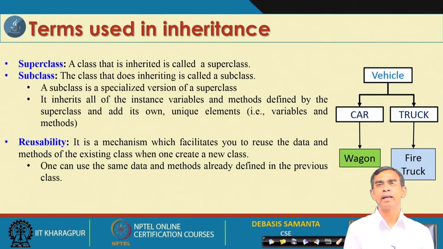As an example, vehicle is a super class, whereas car and truck are two subclasses. Similarly, fire truck is another subclass of the class truck. So truck is the superclass of the subclass fire truck. This says that we can create a number of classes inheriting from their superclasses. We will come to the discussion of what a subclass inherits from its parent class.